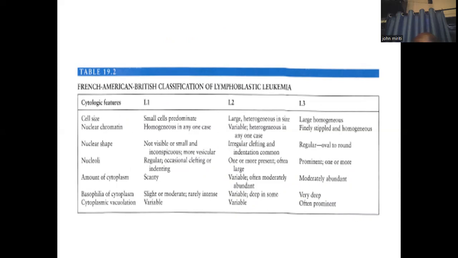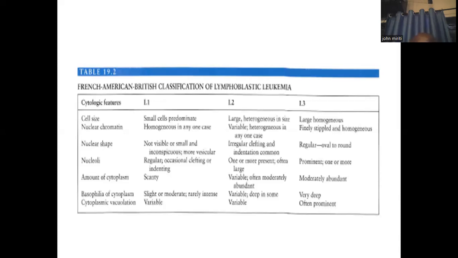In nuclear chromatin, L1 is homogeneous, L2 is variable and heterogeneous, and finally L3 is finely stippled and homogeneous.